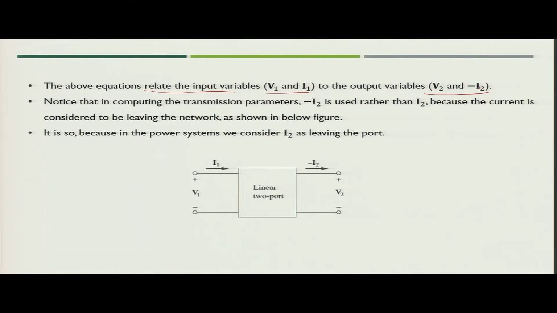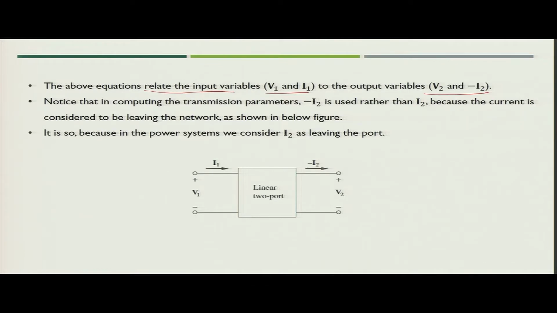Here we are considering the opposite sign of I2, because in a simple power system network V1, I1 is inside the network, and at the output port the current generally goes out of the circuit.